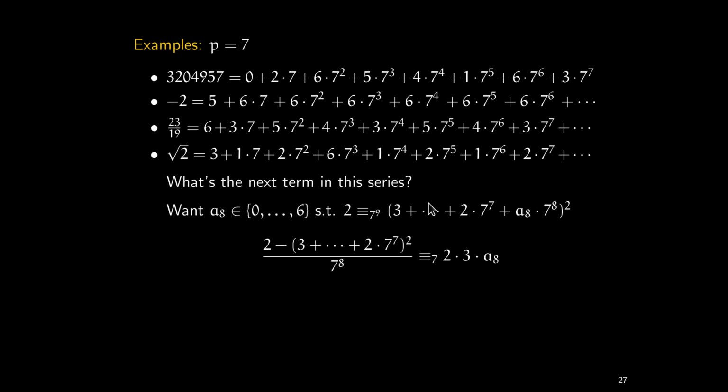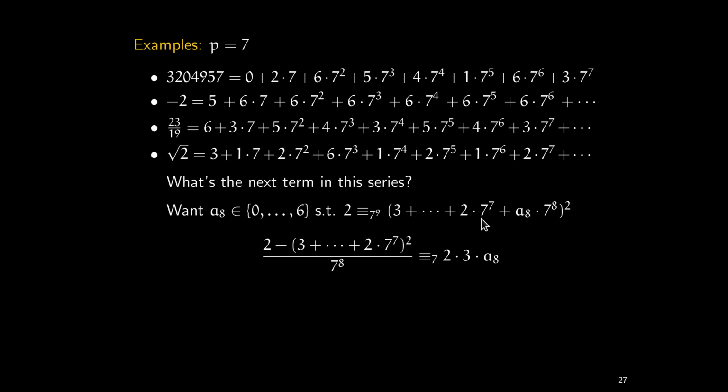So what happens is you expand this, you move the square of this to the other side, then you divide by 7 to the 8, which also divides the modulus, and you get 7. And here you get 7 to the 8. And here you get only the mixed term of this square, which is 3 from here, times 8, times A8, and this is the 2 from the binomial theorem, from expanding the square.